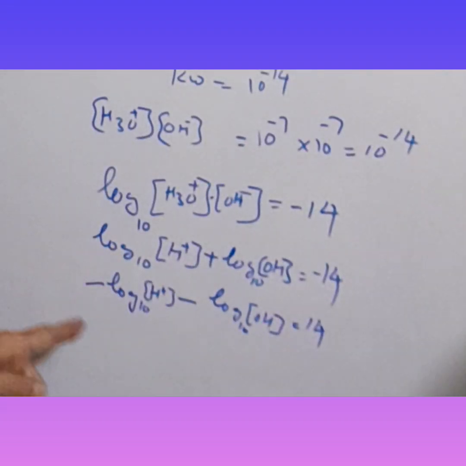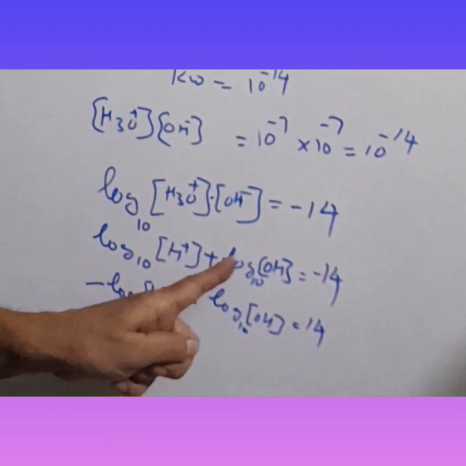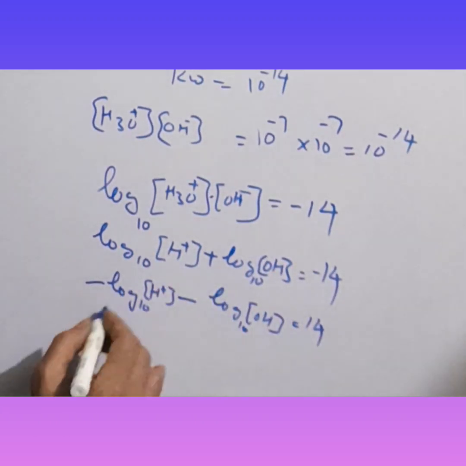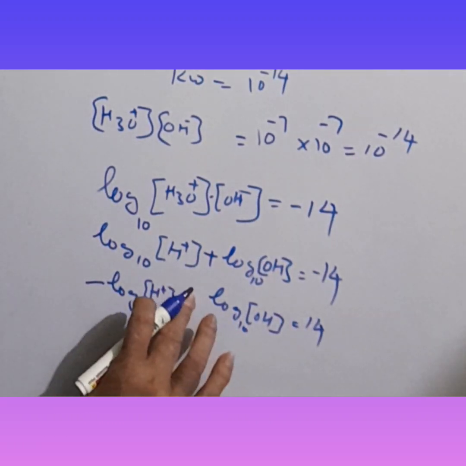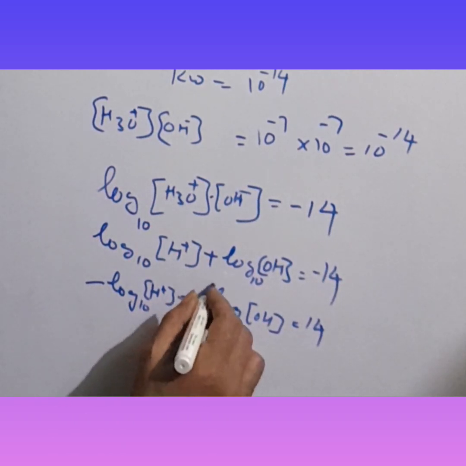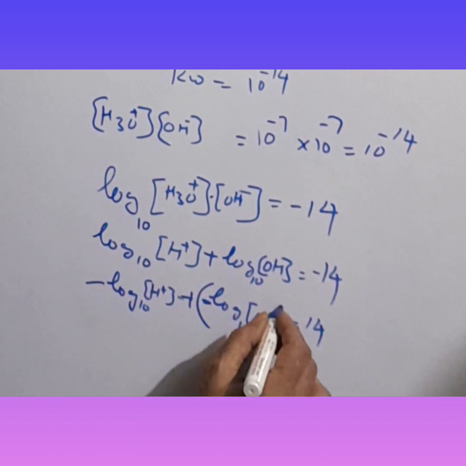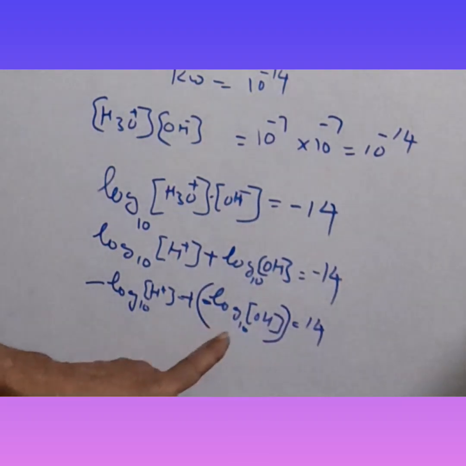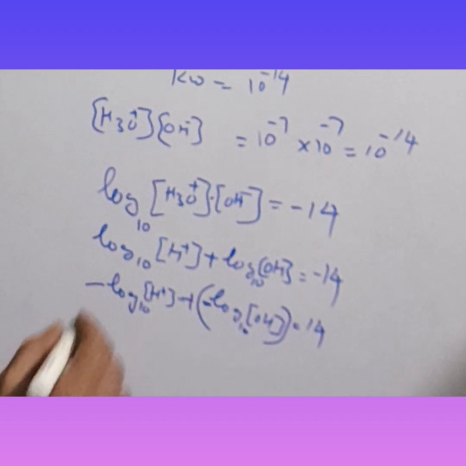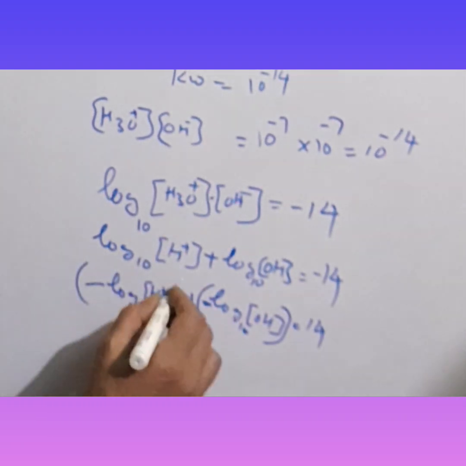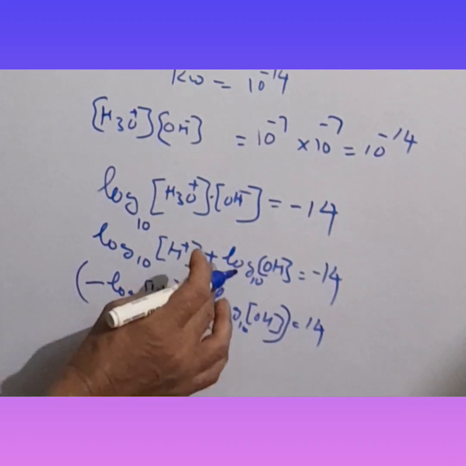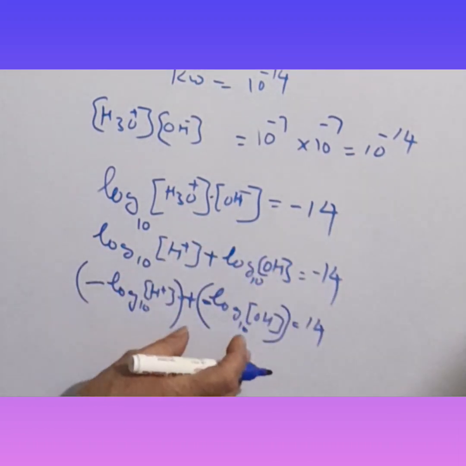Now this is what we call pH, and this is what we call pOH. If you want I can also put a bracket here, so both are added, right? So this is what you get.